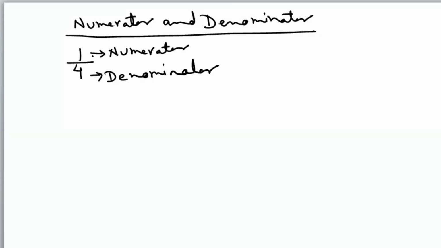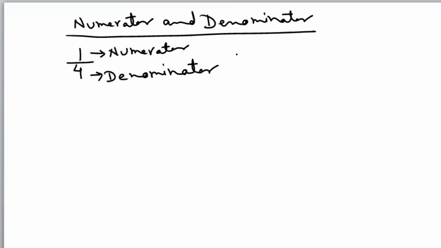Numerator and denominator are very important in a fraction. These two together make a fraction. The top number is called the numerator. It shows how many equal parts we have. And the bottom part is called the denominator. It shows how many of those parts make up the whole.